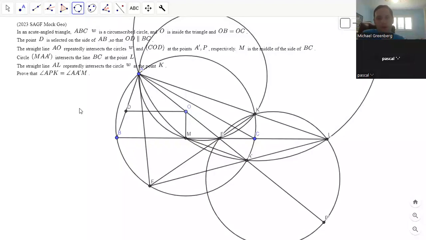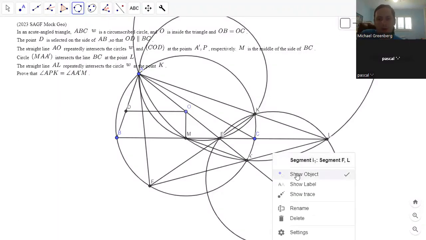But I still don't figure out why EKLP would be cyclic. But is it trivial that F, A prime, L is linear? I don't know.